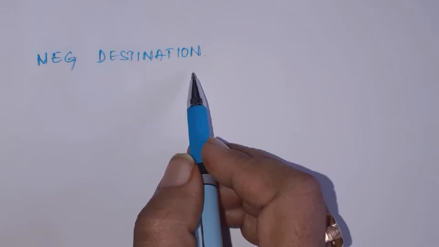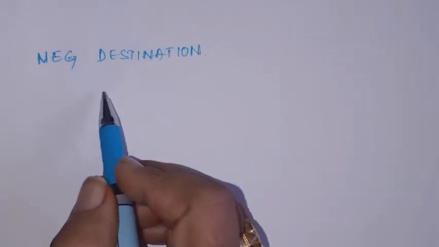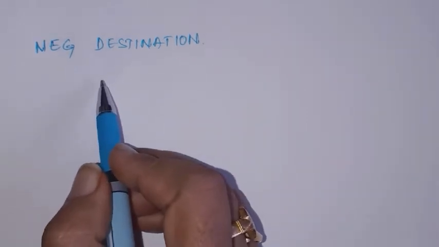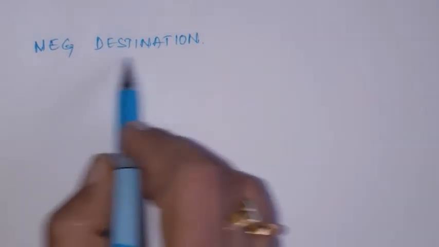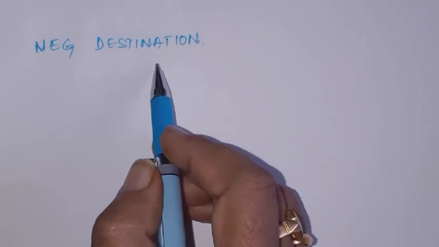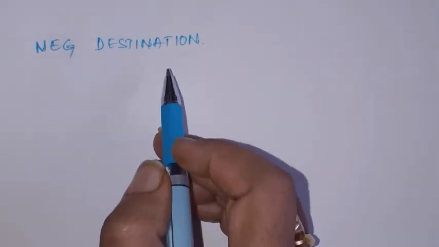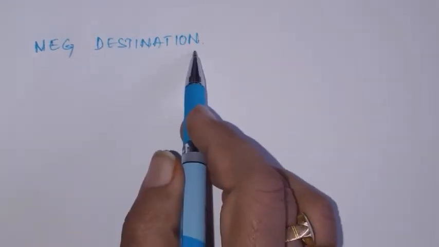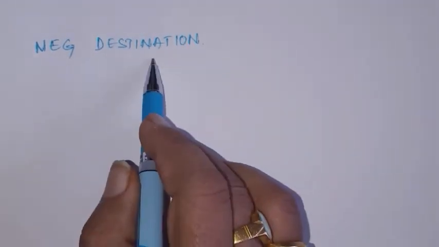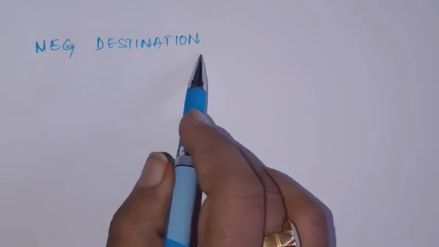What is the operation performed here? In signed arithmetic, negative numbers are represented in 2's complement form, isn't it? So with this instruction, the destination will be a 2's complement of the number. Whatever the data is there in the destination, its 2's complement is done and placed in the destination.